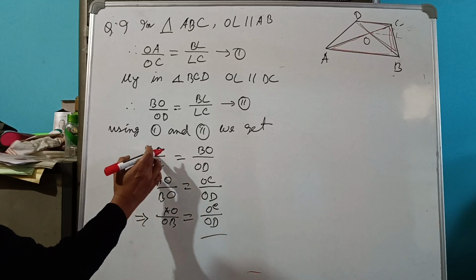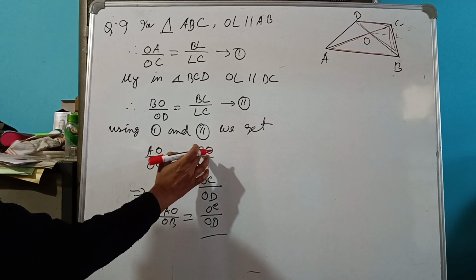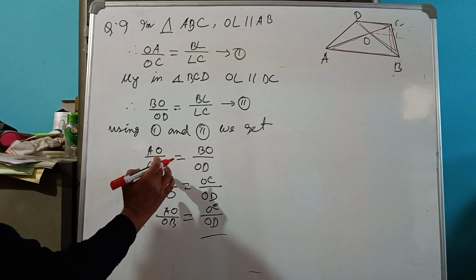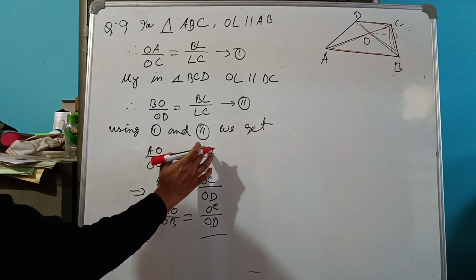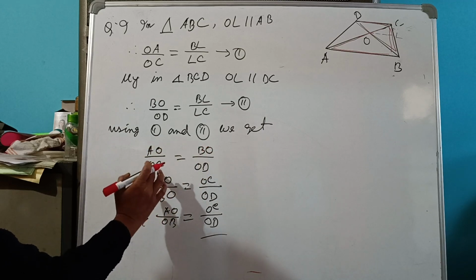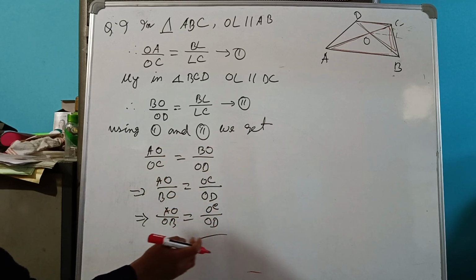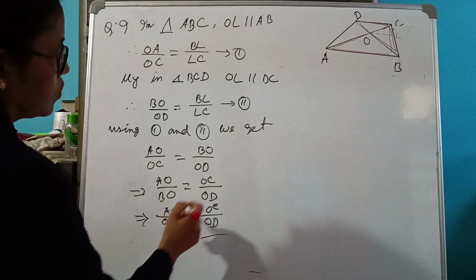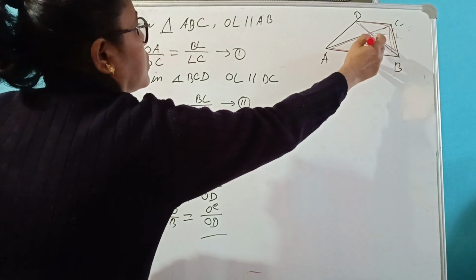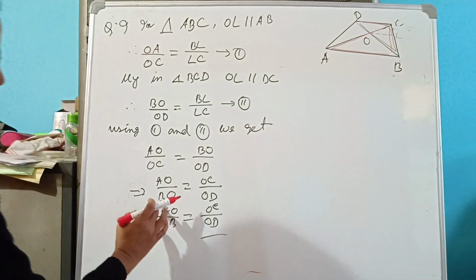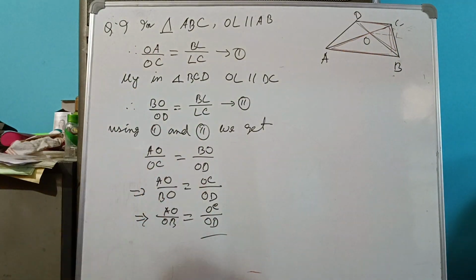So here we cross multiply. So we can write AO by OB equal to OC by OD. But OB and BO are the same line segment. This is our proof.